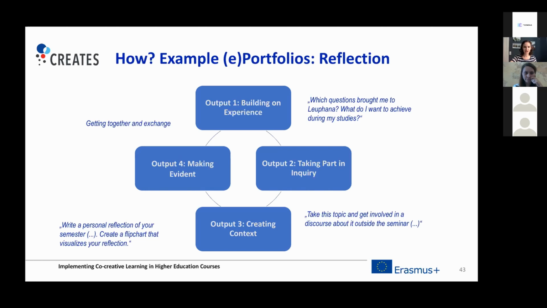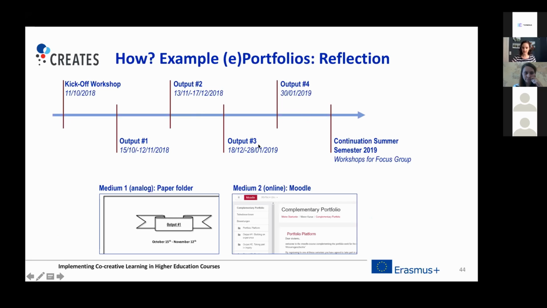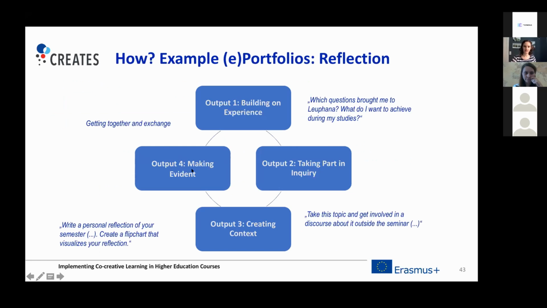And considering looking towards the future, how will they continue to work towards those goals during the master's program and beyond? So we can see that the 4 outputs were built around these 4 ideas of building on experience, taking part in inquiry, creating context, and making evident.